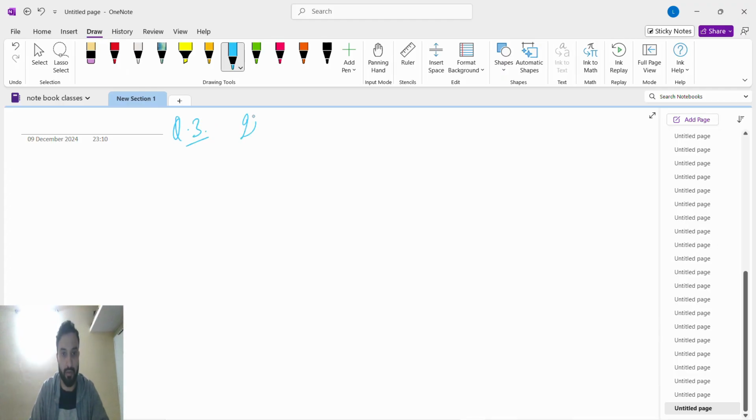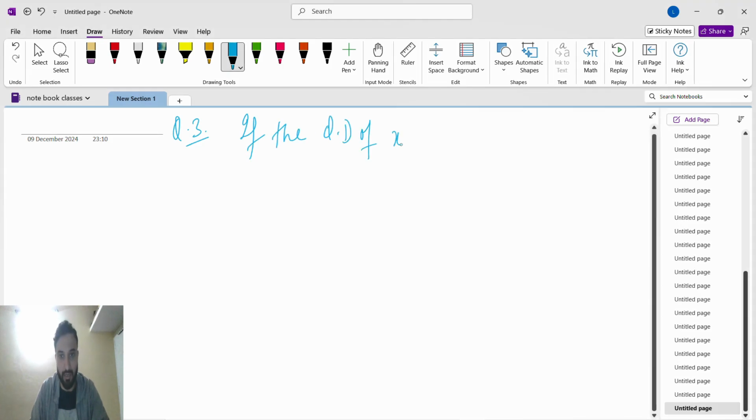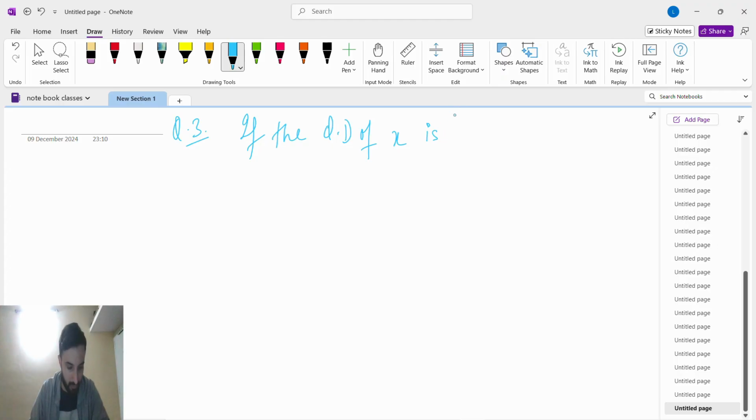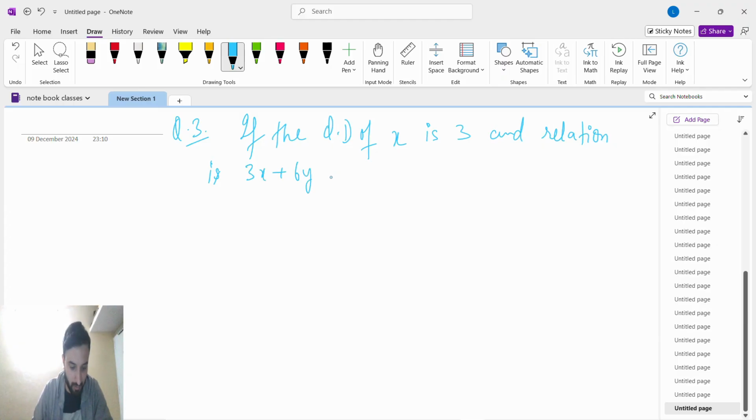If the quartile deviation of x is 3, and the relation is 3x plus 6y equals 20, what is the quartile deviation of y?